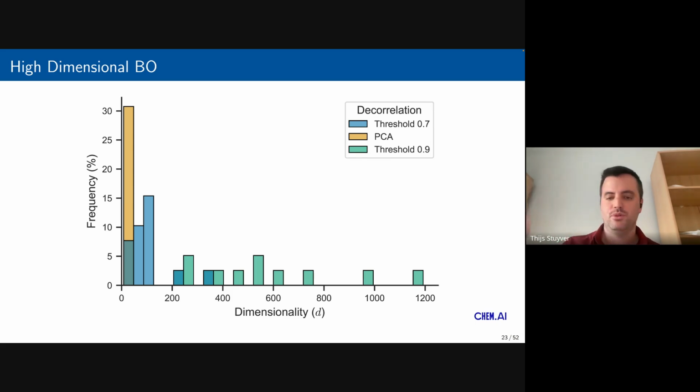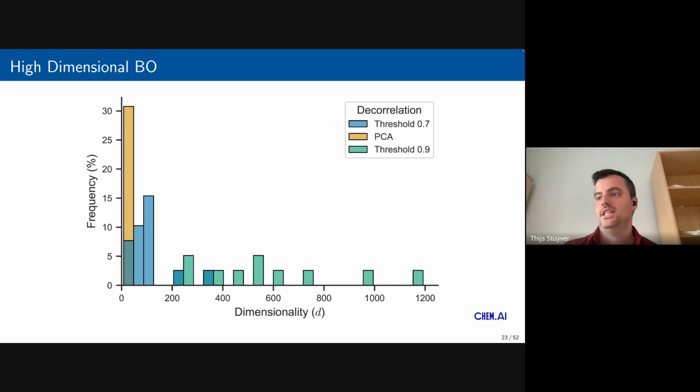And also removing, for example, any dimension that correlates by more than 0.7, an R-squared of 0.7, with another dimension. So even with these decorrelation strategies, using our hidden space featurizations on the common benchmarking datasets, we can see that there's a huge variability in the dimensionality with the different representation approaches.